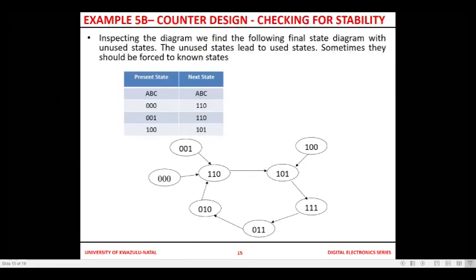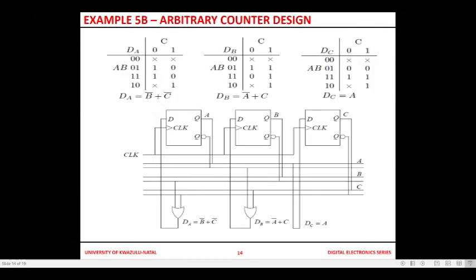Let's look at the unused state 0,0,0. If the present state is 0,0,0, if A is 0, B is 0, C is 0, what is D?